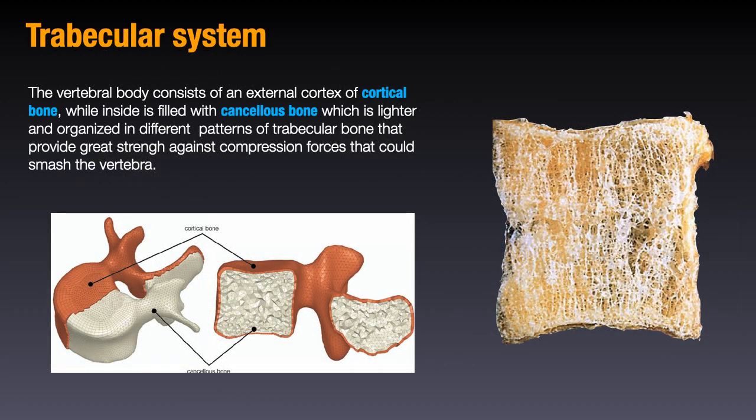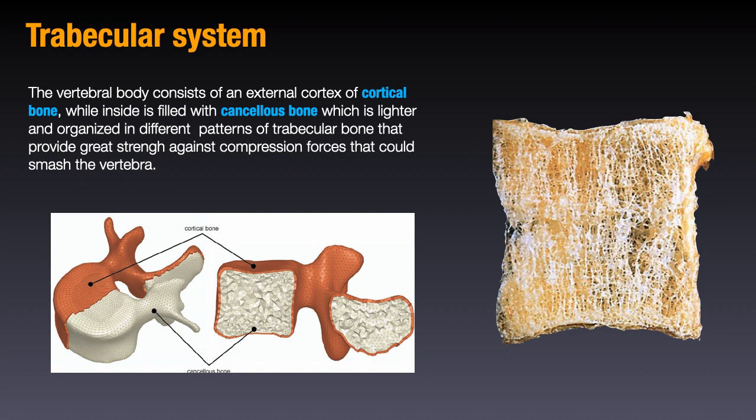First, we need to know that all bones have an outer thin layer of cortical bone, as you see in the image is depicted in red. But inside we have trabecular bone, which is less dense. This architecture provides high resistance while the bone is still lightweight.